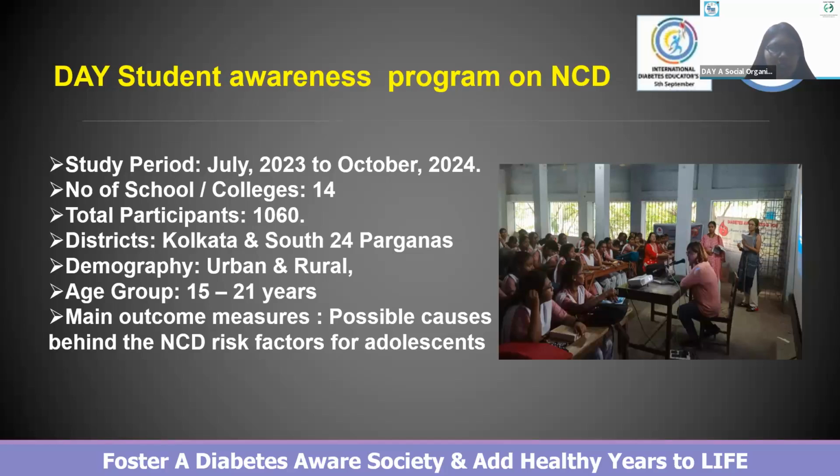For demography, we took urban and rural places, with an age group between 15 to 21, and both male and female included. The main outcome measured was the possible causes behind NCD risk factors for adolescents, so that if we can understand the possible causes of NCDs, we can help to prevent and manage NCDs well.